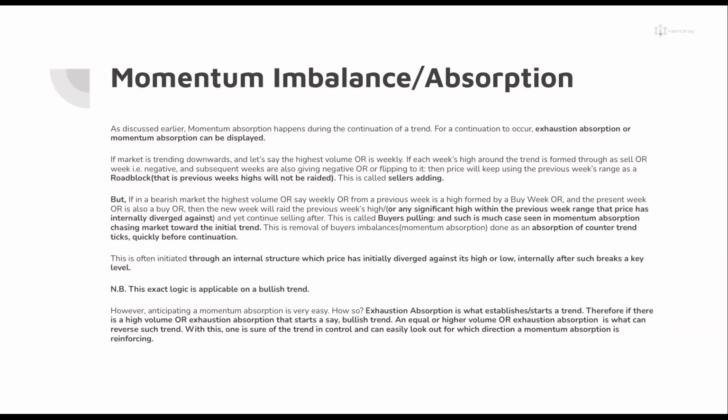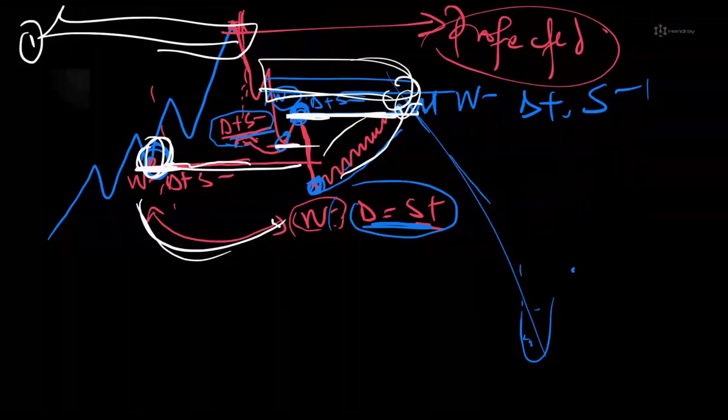Therefore, if there is a high volume OR exhaustion absorption that starts, say, a bullish trend, an equal or higher volume OR exhaustion absorption is what can reverse such trend. With this, one is sure of the trend in control and can easily look out for which direction a momentum absorption is reinforcing. I have explained all of this.